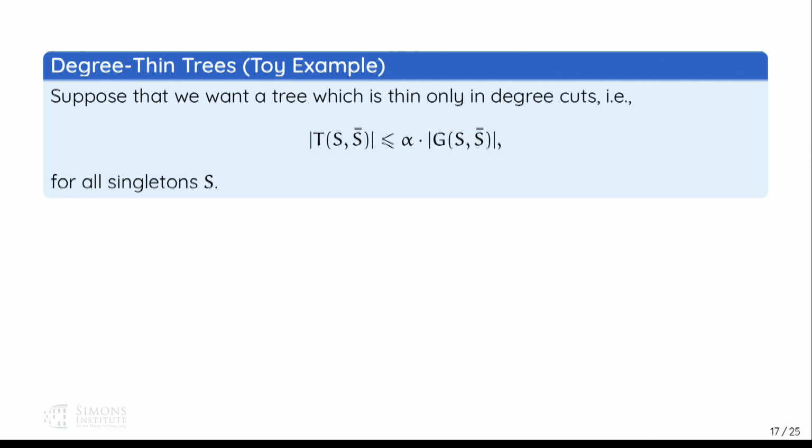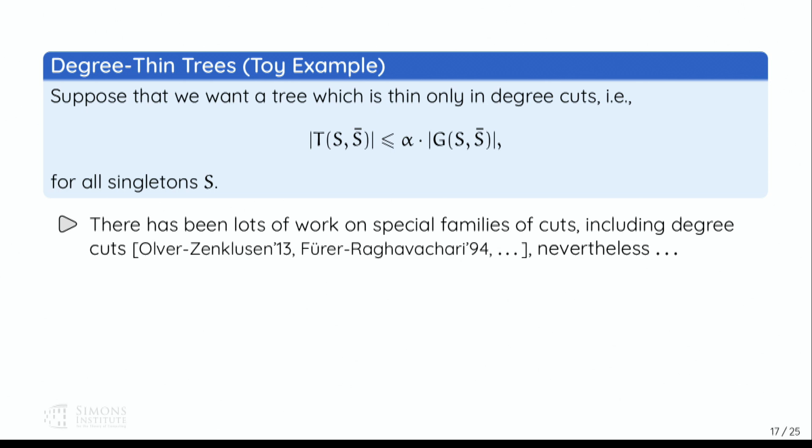Okay. So if we want to do this, we only need to make sure that the D that we add doesn't blow up the degree cuts. Let me just say that this problem, finding trees that are thin in degree cuts, has been studied a lot, and we know very good bounds for it.